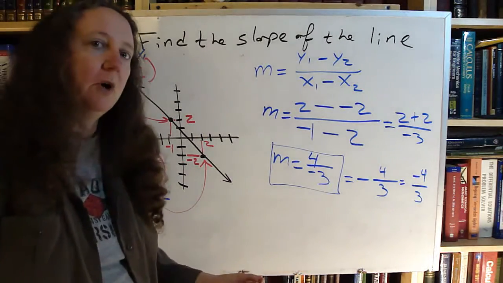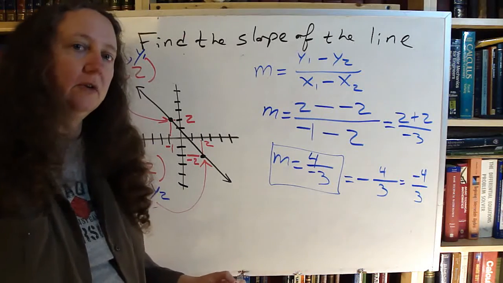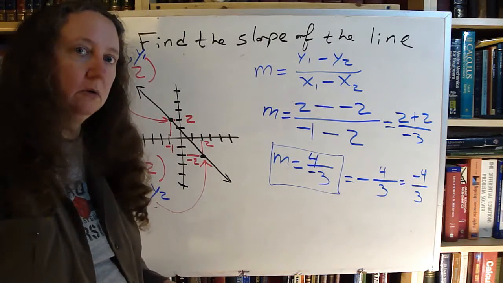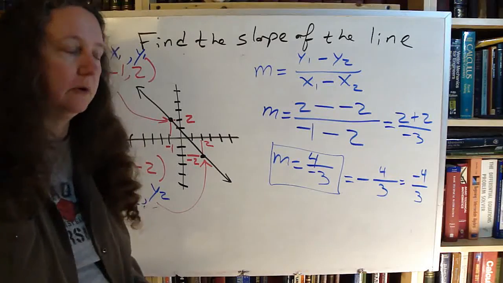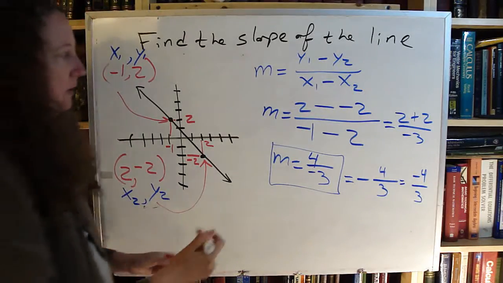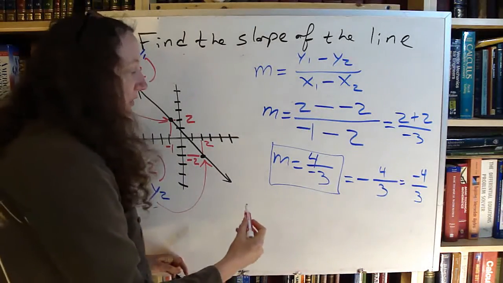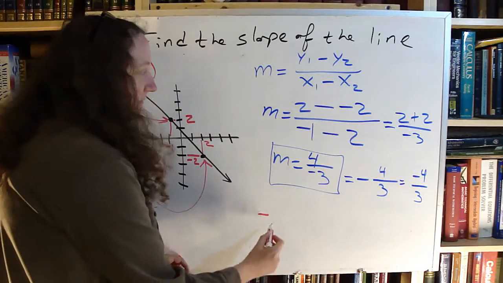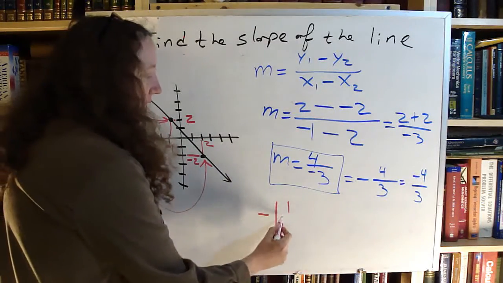Some of the computer problems might ask you to answer as a mixed number or as a decimal number. So if it asks you for a mixed number, the negative goes out in front, 1 and 1 over 3.